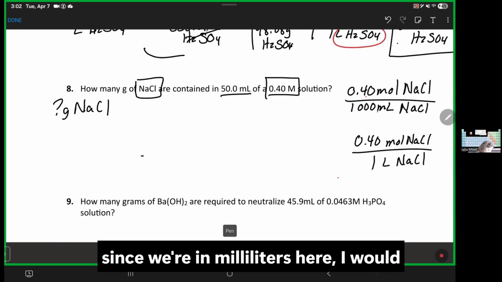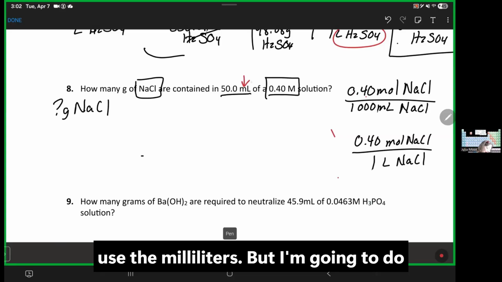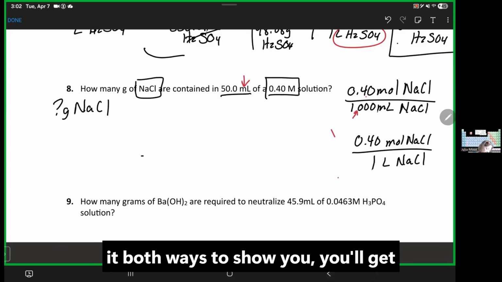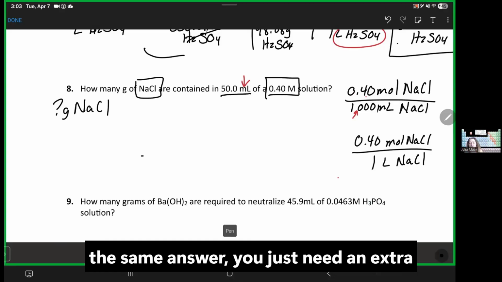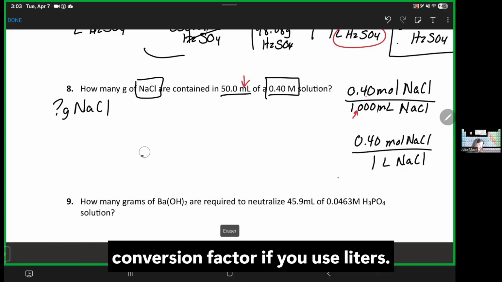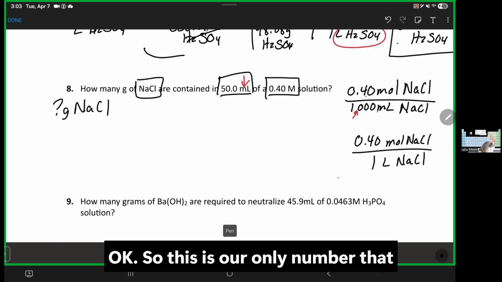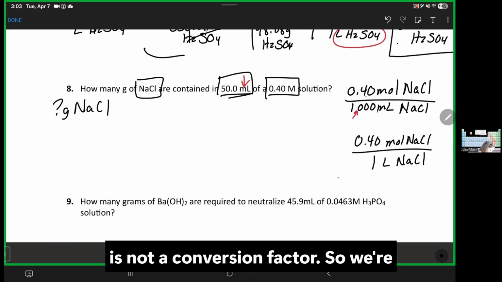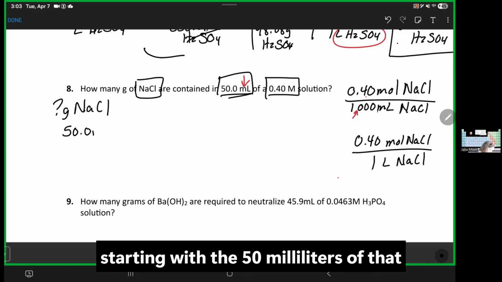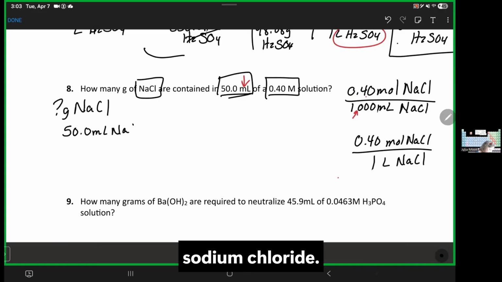But since we're in milliliters here, I would use the milliliters, but I'm going to do it both ways to show you. You'll get the same answer. You just need an extra conversion factor if you use liters. Okay, so this is our only number that is not a conversion factor. So we're starting with the 50 milliliters of that sodium chloride.